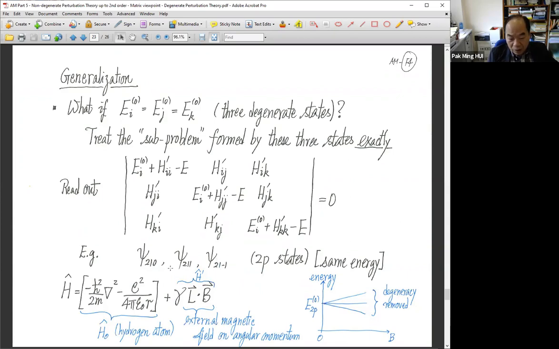But now if you include an effect called spin-orbit interaction or an external field called Zeeman effect, then that will split the degenerate state into different energies, okay, as a result of your extra term. Here is an external B field in this example, okay?